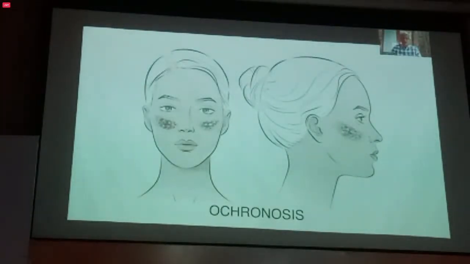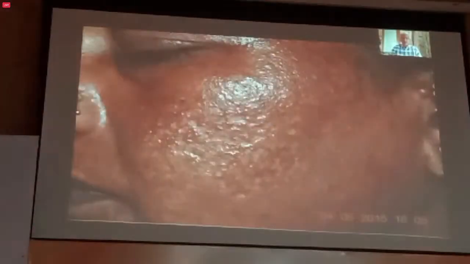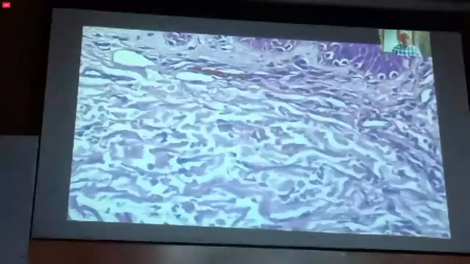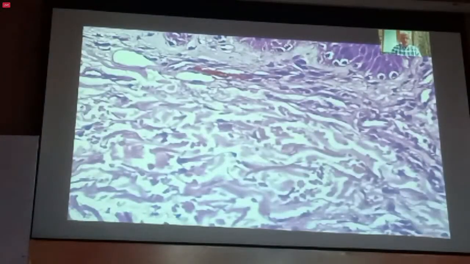In ochronosis, darker pigmentation takes over, which is grayish in color, and at times slightly elevated areas as well, and these lighter Fitzpatrick macules are interspersed among the pigmentation. Histopathology shows these so-called banana bodies, the ochre or yellowish-brown pigmentation of the collagen that you see over here, typical banana bodies.